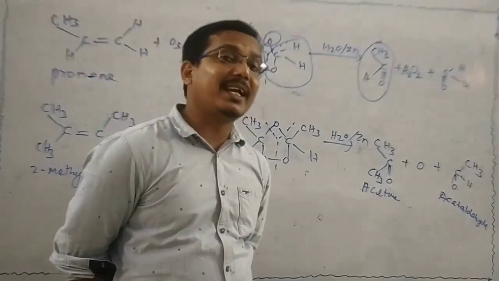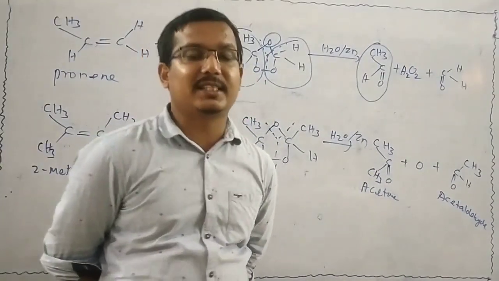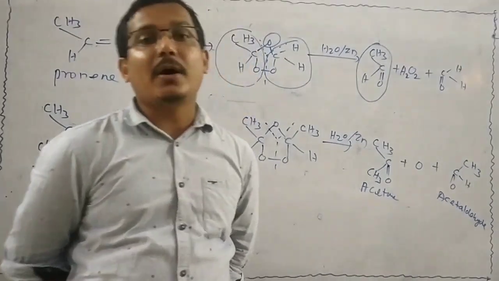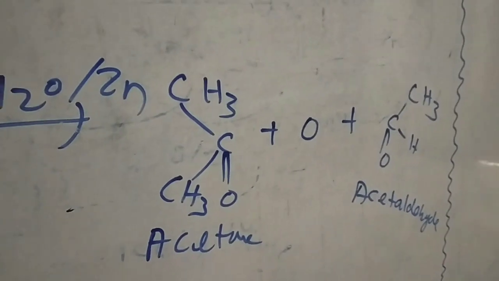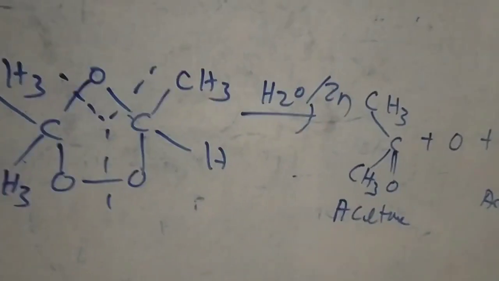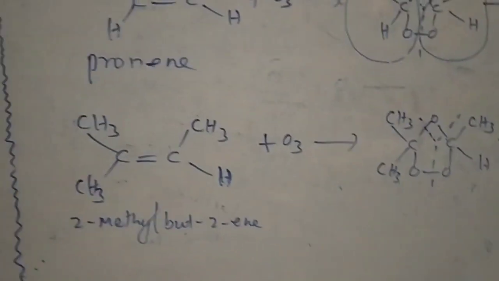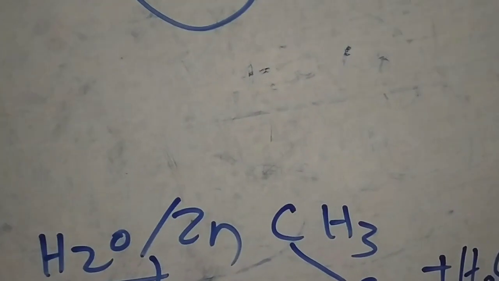But when an unsymmetrical alkene undergoes ozonolysis, a mixture of aldehydes, a mixture of ketones, or both are formed. There is a mistake here, you can write H2O2.